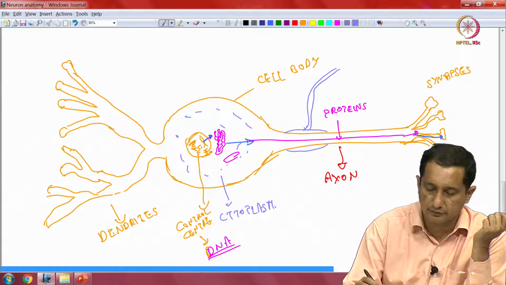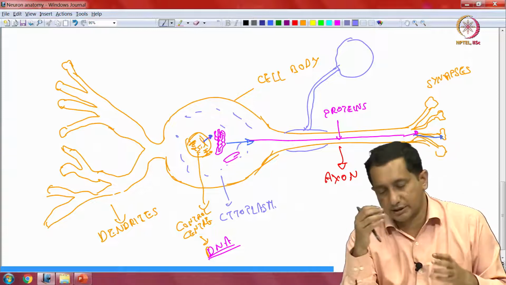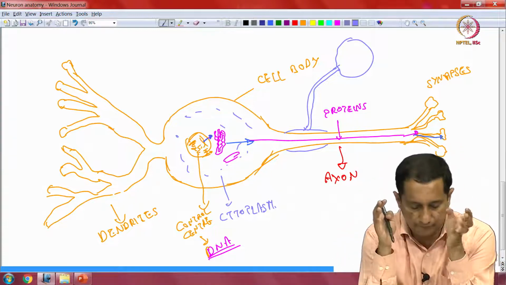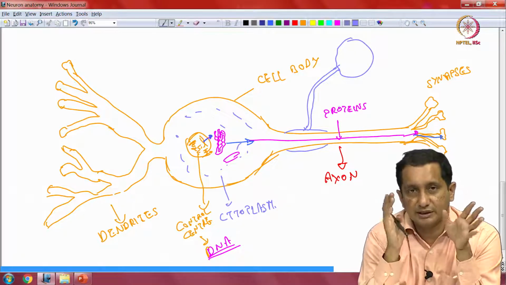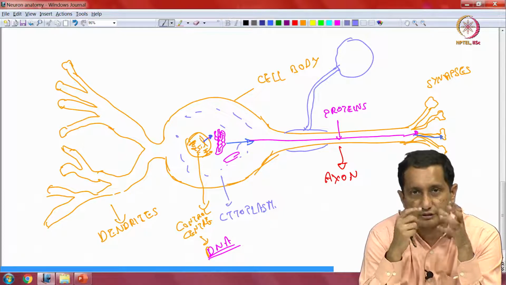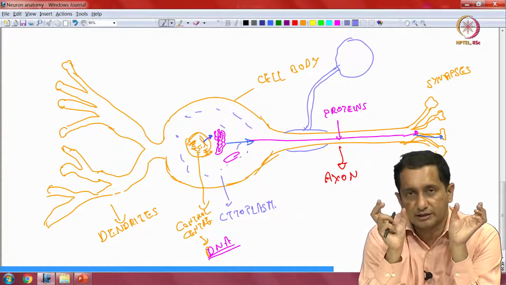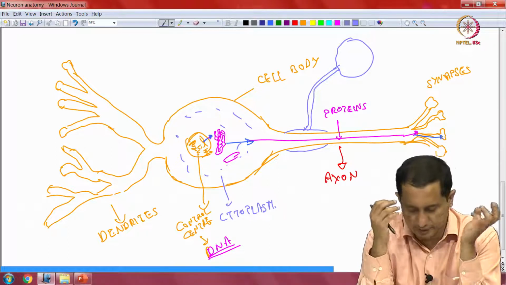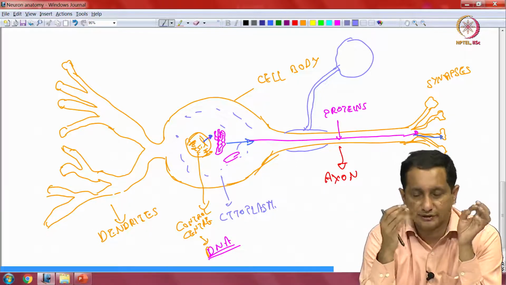You have other supporting cells which provide these structures, and they are an integral part of the processing system of the head. You cannot consider each of these things in isolation. So, you do not look at only the neurons, you look at also the mechanism of how they interact with other glial cells such as oligodendrocytes and Schwann cells and many other supporting kinds of cells.